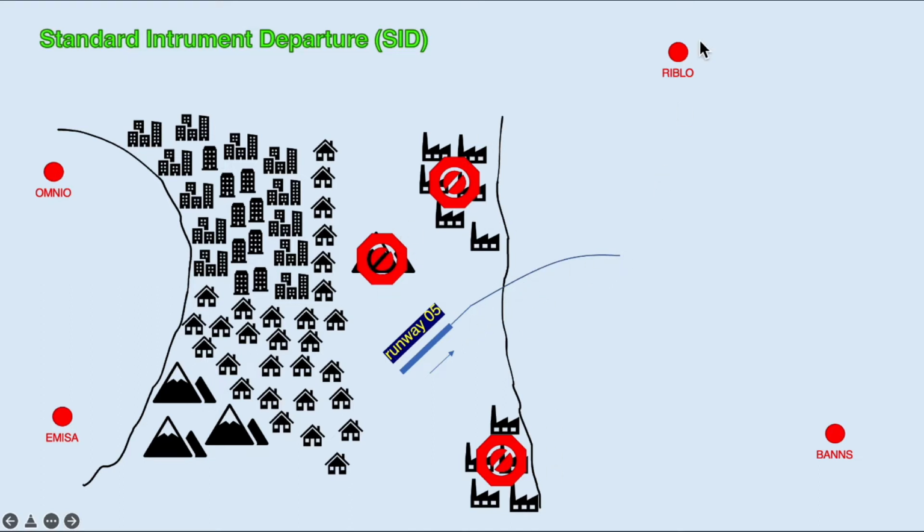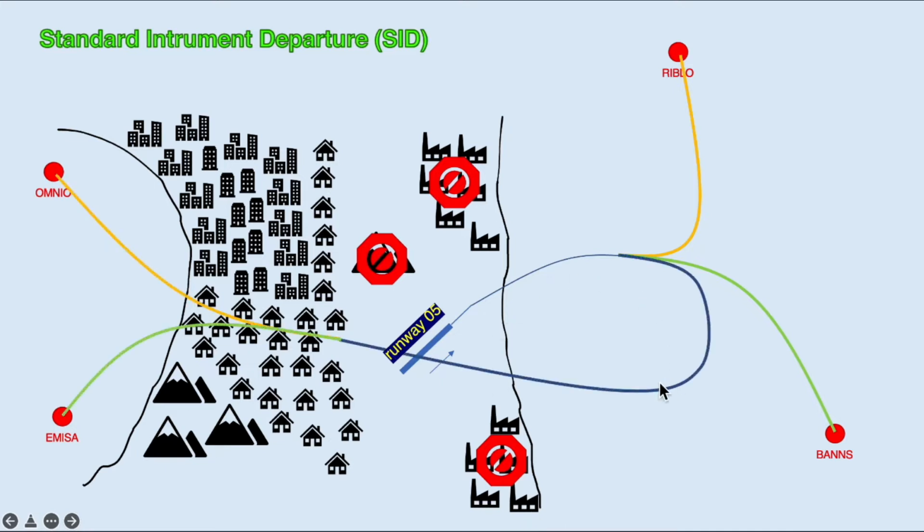So from here, if you want to fly to Riblo or Pans, it's very easy. You just fly towards these points. But let's say that you want to fly to Omnio and to Emisa, you still need to avoid these areas. So how do you do that? You just turn and fly over here and then go to the reference point. So that would be a reliable standard instrument departure from runway 05.